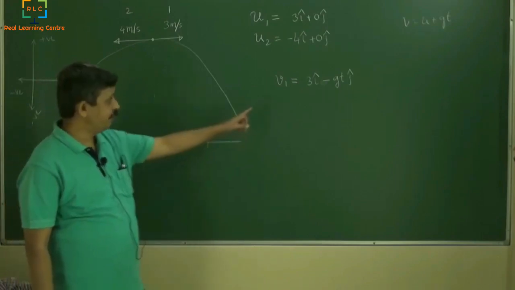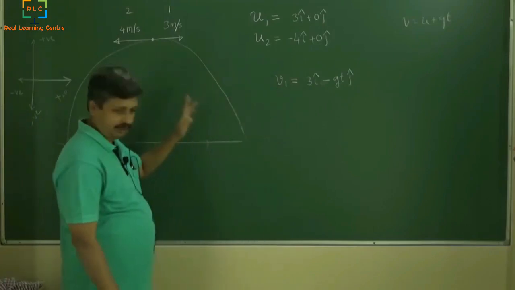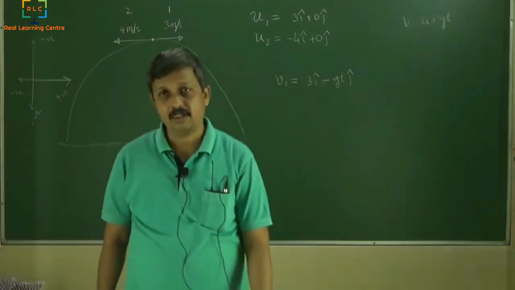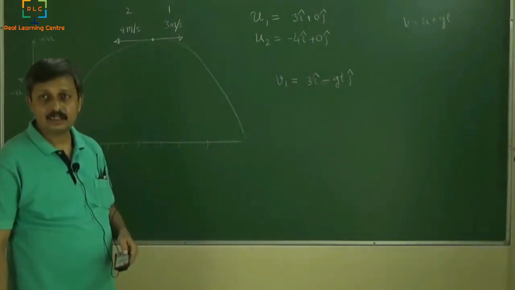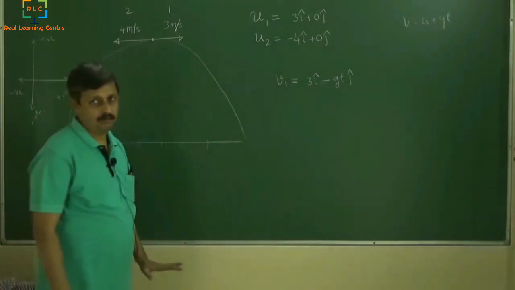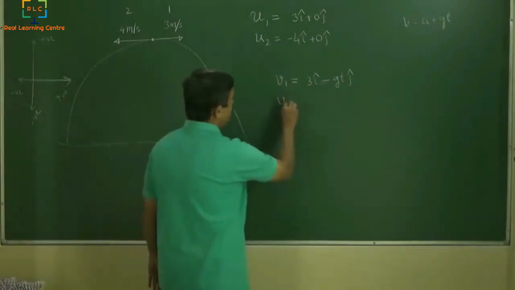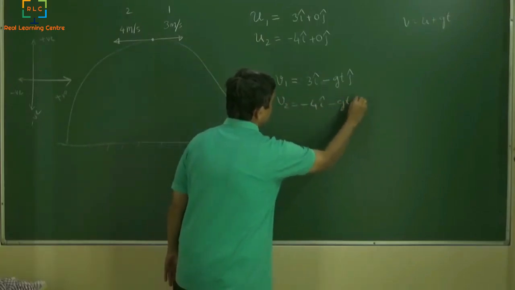So do you agree that v1, the velocity at any point of body 1, can be written as 3i minus gt j? If anybody has a question, it is the time to ask now. Similarly I will write v2 as minus 4i minus gt j.